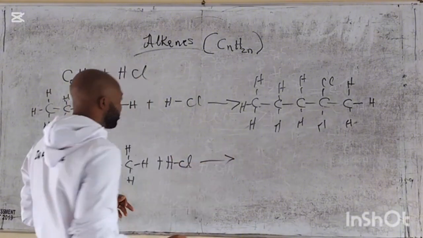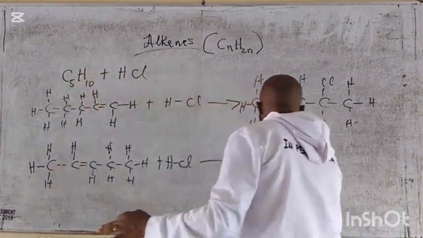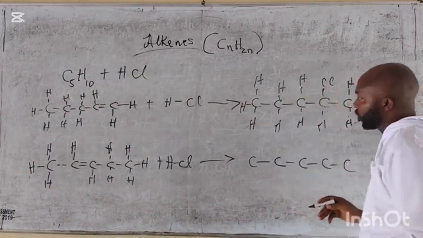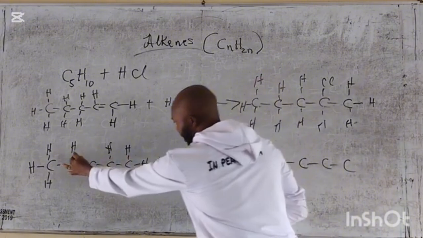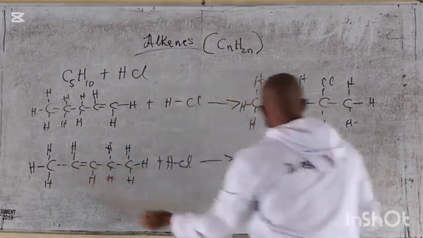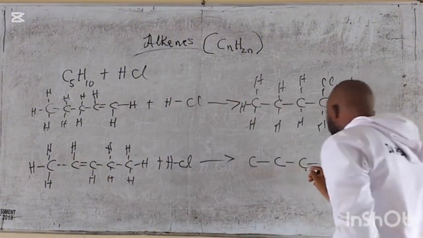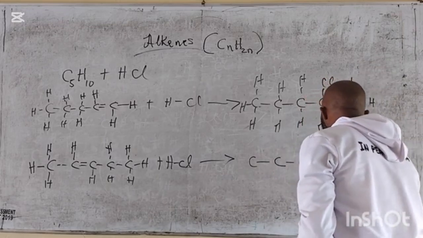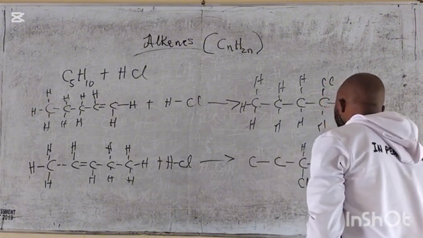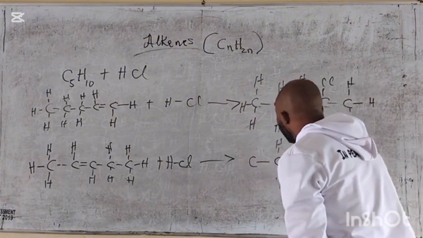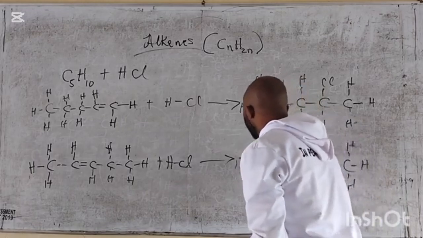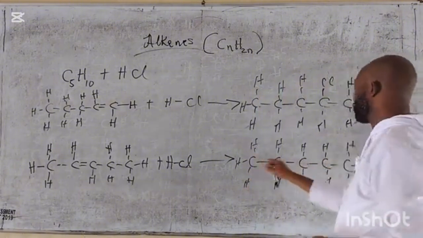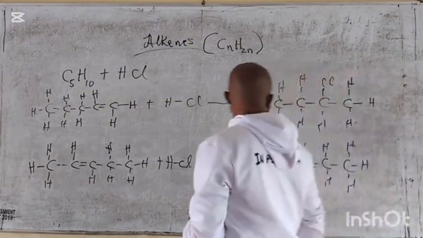This will now give me 1, 2, 3, 4, 5. Now my chlorine will come in either here or here. Let me put it here. So I decided to put it here, as the case may be. The rest will have hydrogen, hydrogen, hydrogen. So this is 3-chloropentane.